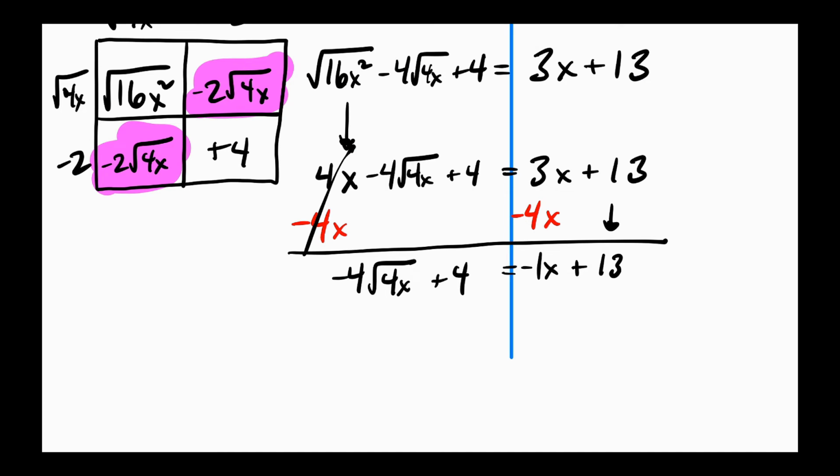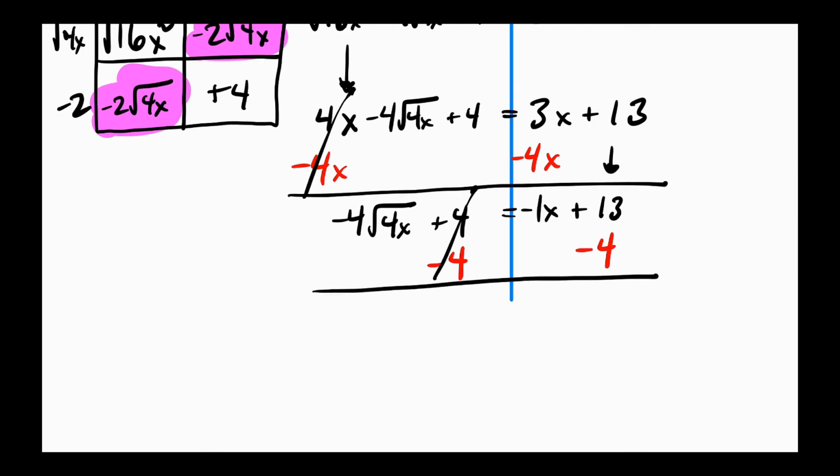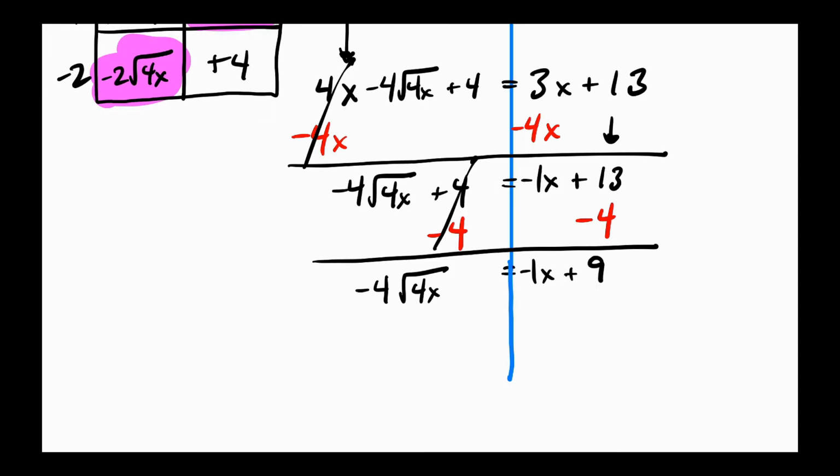And then I got to subtract 4 from both sides. So I get negative 4 square root of 4x equals that.